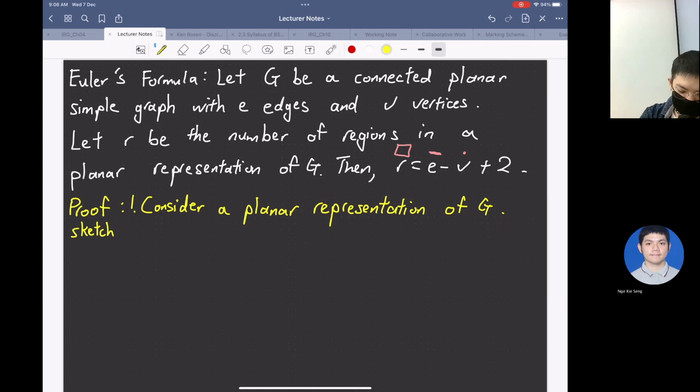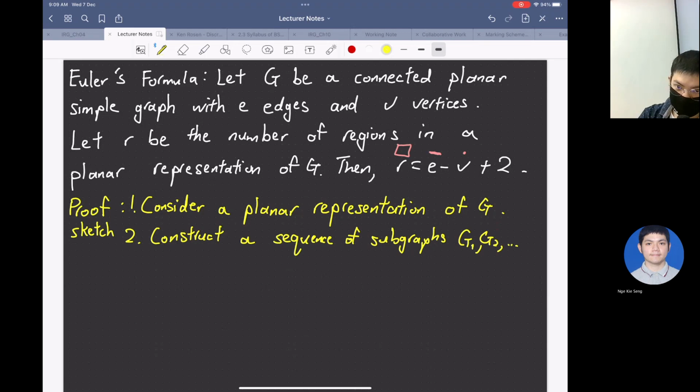And then two, you can construct a sequence of subgraphs, G1 up to Gn, so the last one is G.